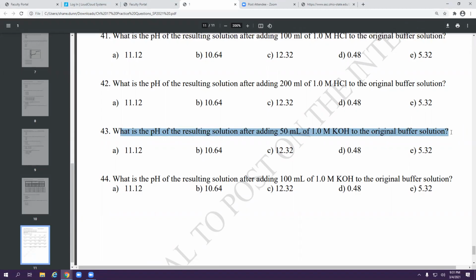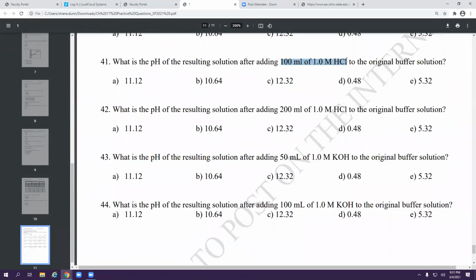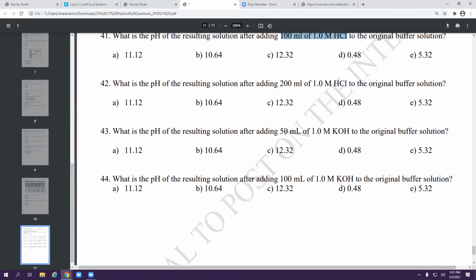With 43, I'm now adding a base instead of an acid. And if you look at 41, 41 canceled out completely, right? With 40, so with this one right here, I'm gonna have leftover stuff, right?